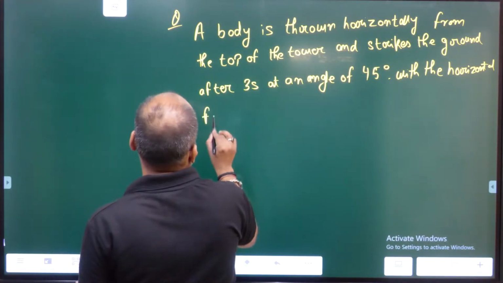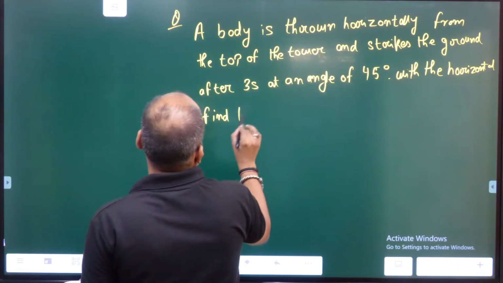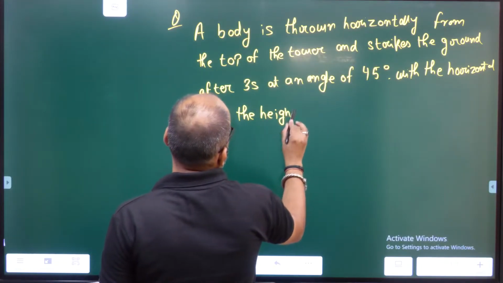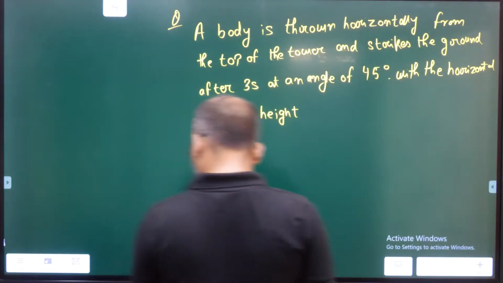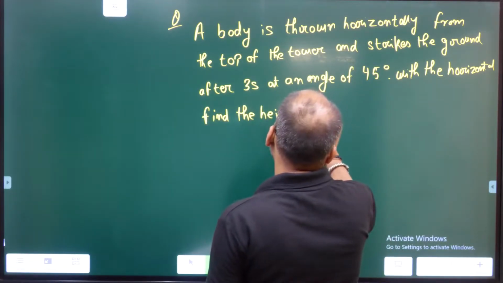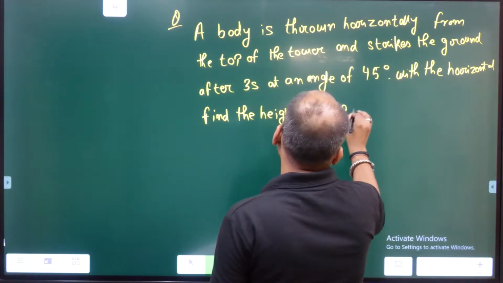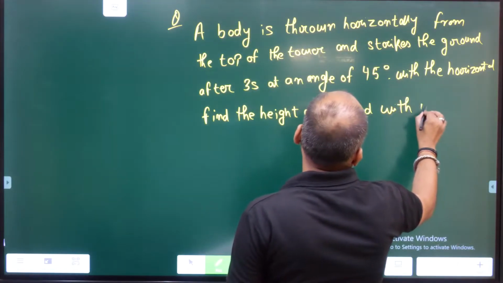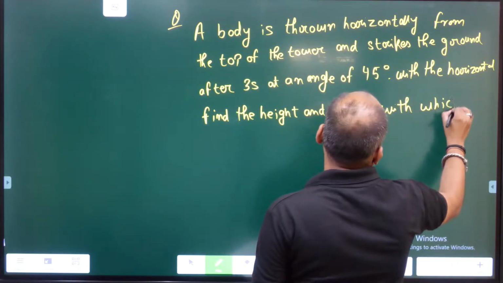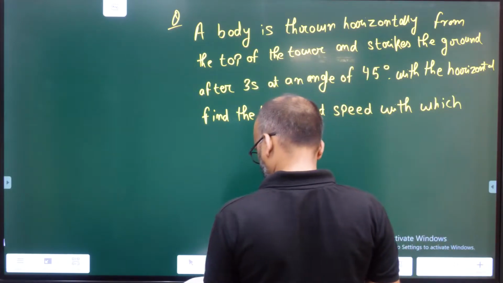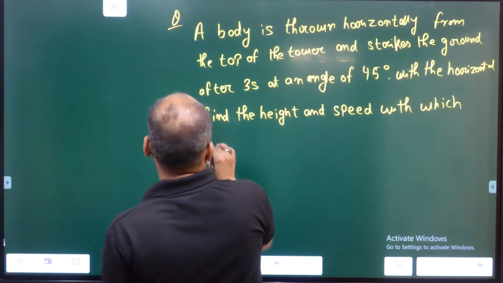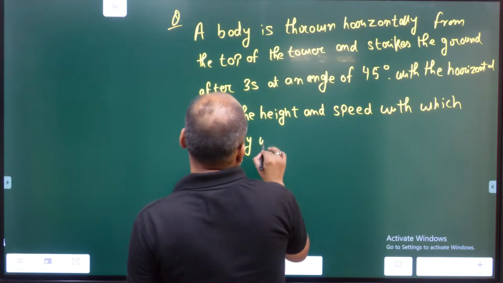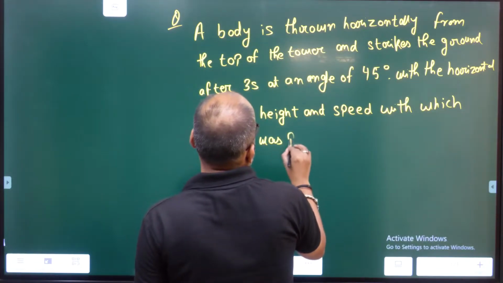So find the height and speed with which the body was projected.